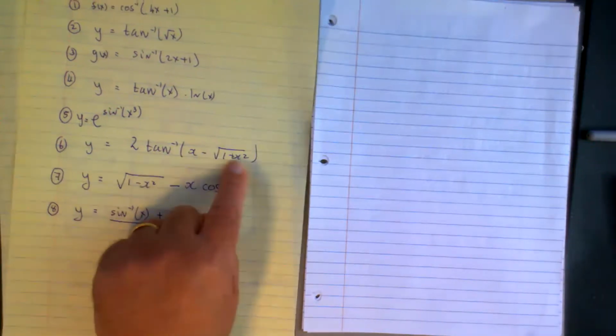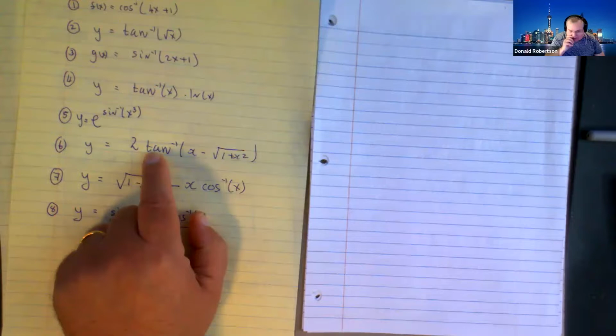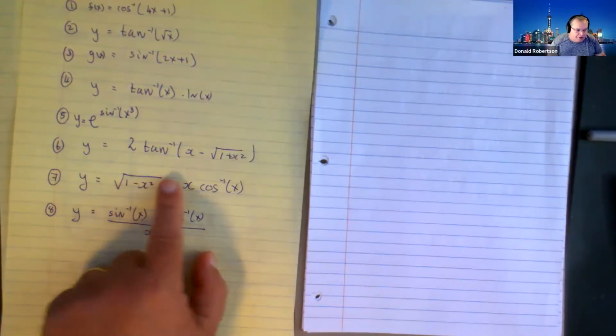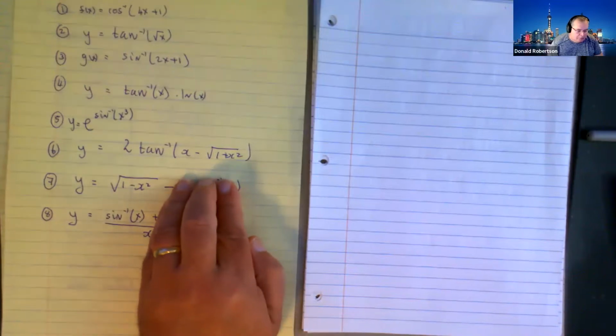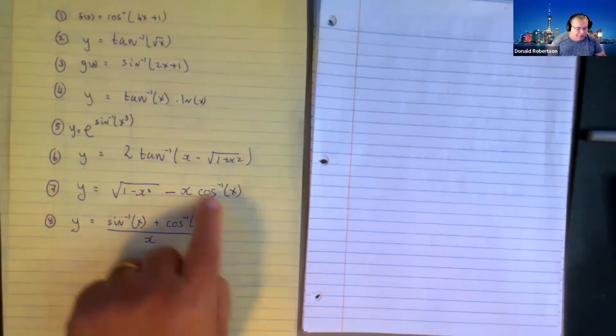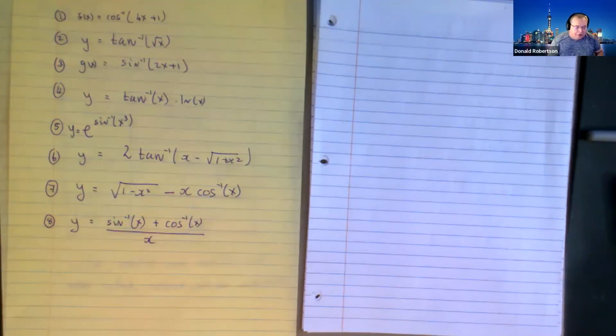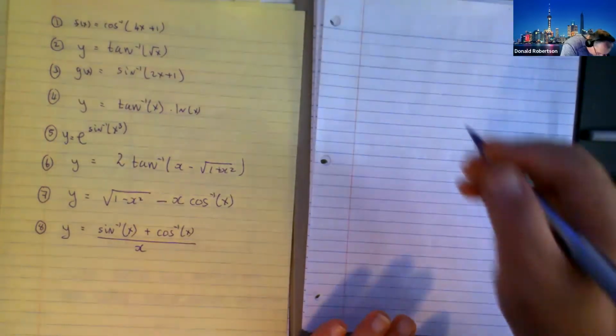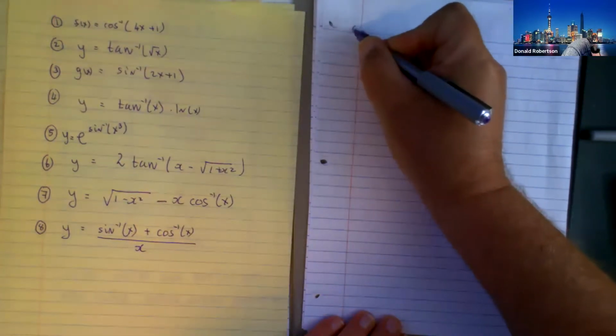That guy is a chain rule inside a chain rule, so that's a Russian doll. That's going to be a chain rule, and that's going to be a separate product rule. And this is going to be a quotient rule. So that's what we've got left to do. Each one's going to have its own little idiosyncrasies that we need to deal with.